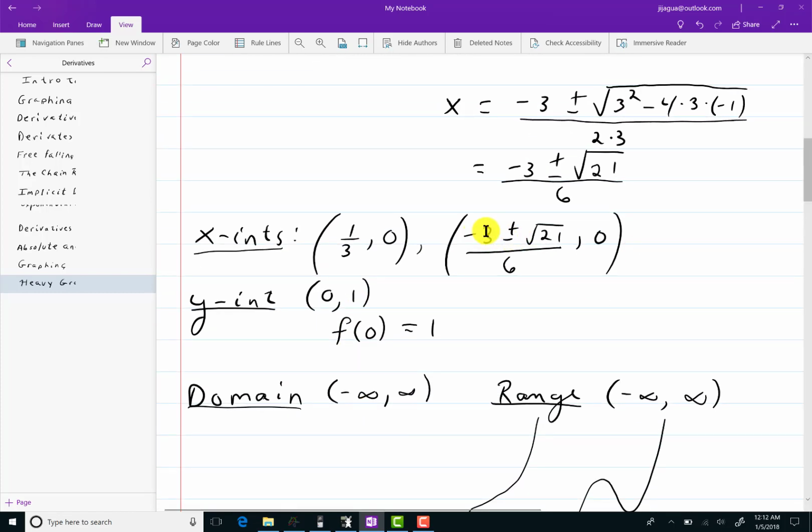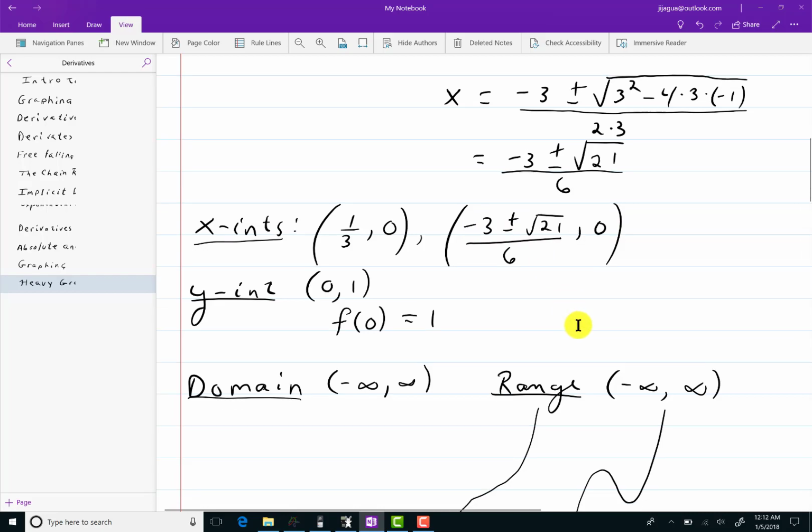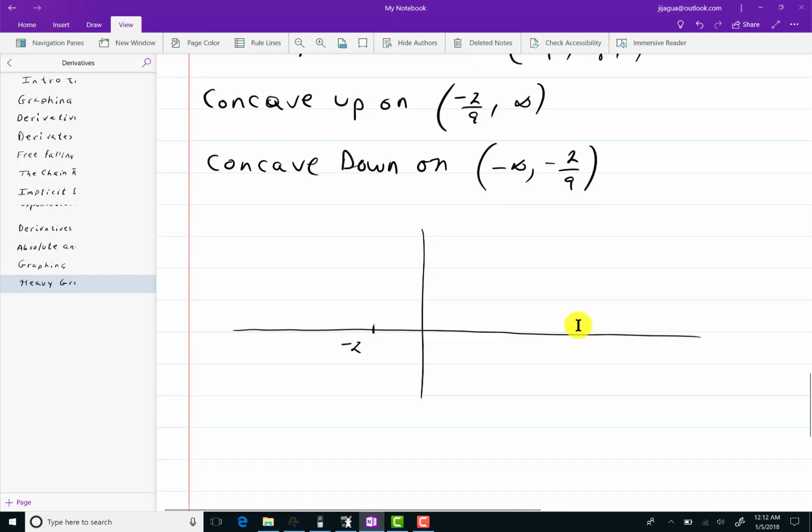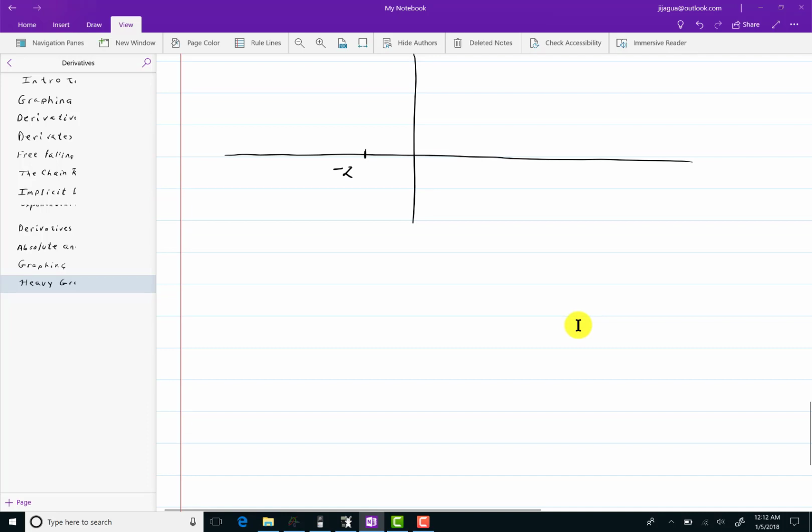Negative 3 minus the square root of 21 over 6. And then we had one at negative 3 plus the square root of 21 over 6. And then I had 1/3.